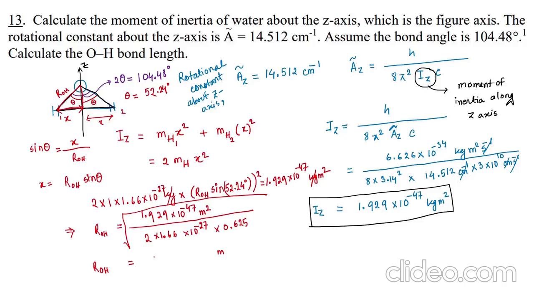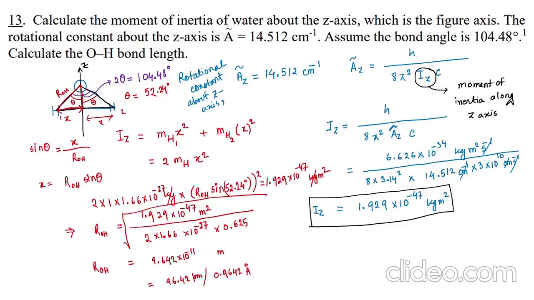It's coming as 9.642 times 10 to the power minus 11 meter, or picometer, or as you already know, 0.9642 angstrom. Now this is your bond length.